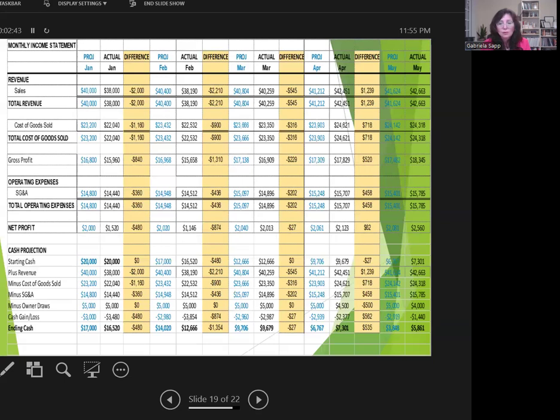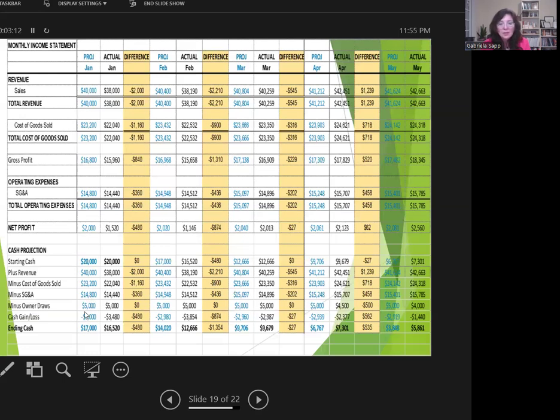Let's look at the cash flow projections in the lower part of the screen, and you will see how your operations affect your cash position. In January, it starts with the initial balance in your business bank account, $20,000. To this number, you will add the projected revenue of $40,000 and deduct the costs and expenses, plus the compensation you expect to pay yourself, $5,000.